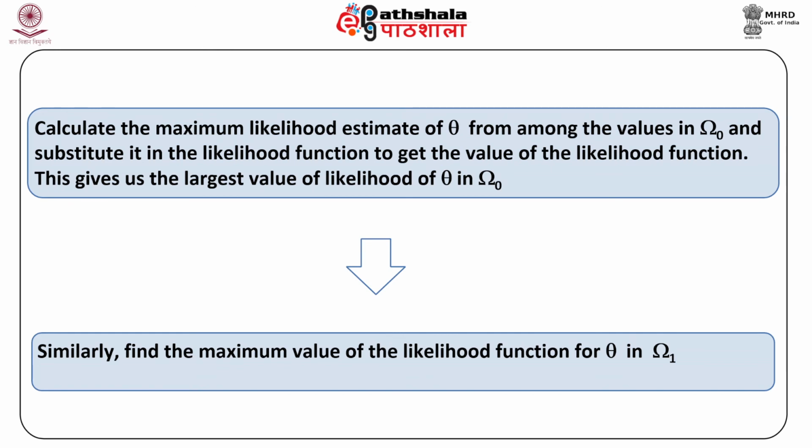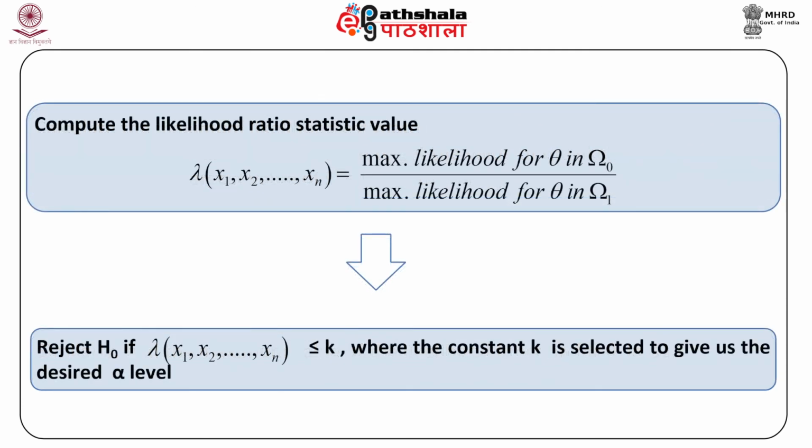Similarly, find the maximum value of the likelihood function for theta in phi 1. Then the third step is to compute the likelihood ratio statistic value, which could be denoted as lambda and is a function of x1, x2, xn, which is equal to the maximum likelihood for theta in phi 0 divided by the maximum likelihood for theta in phi 1.